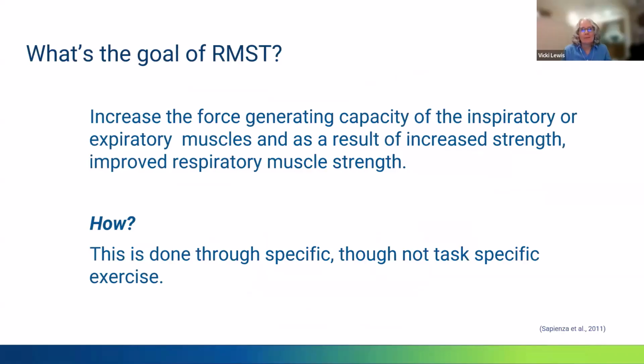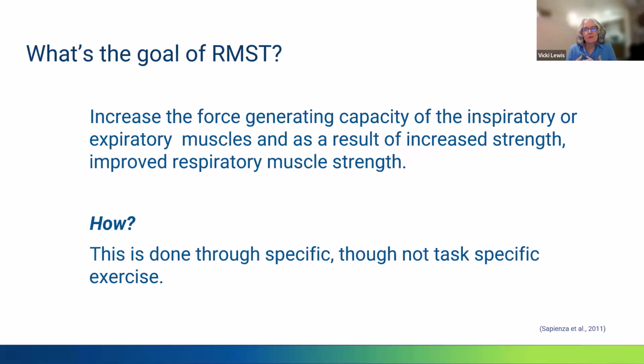So the goal of RMST is to increase the force generating capacity of these respiratory muscles. It's either the inspiratory muscles or the expiratory muscles, depending on which group is being addressed in the treatment. And it's a specific exercise.